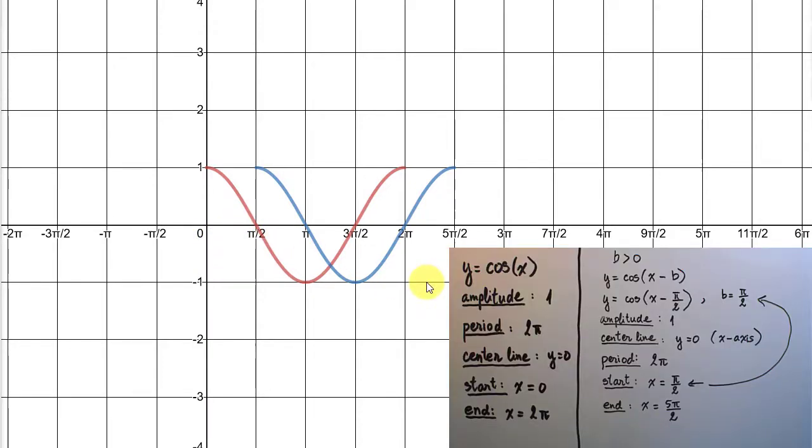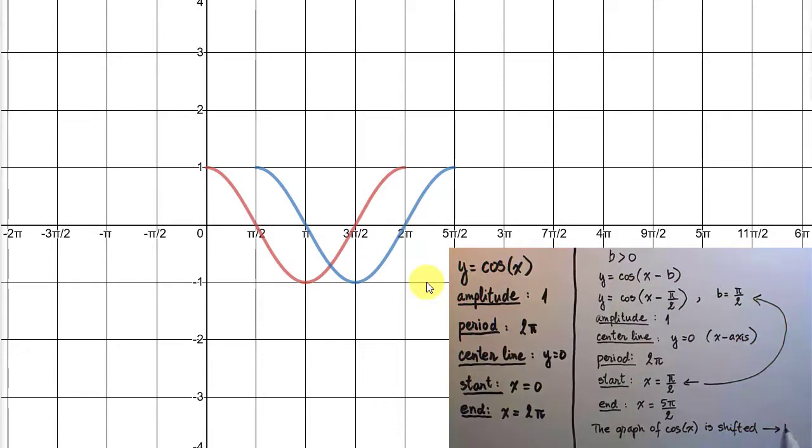And so another general conclusion we can say is that this graph of cosine of x minus pi over 2 makes the graph of cosine of x shifted to the right hand side again. And by how far? Horizontally, a pi over 2 distance.